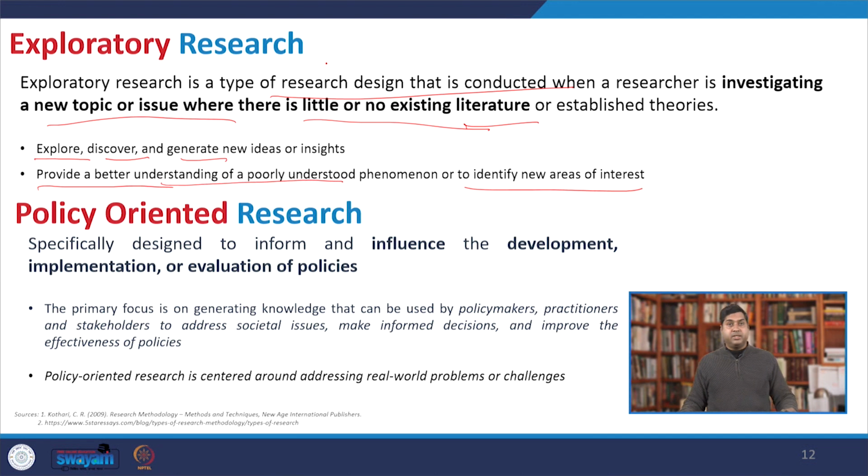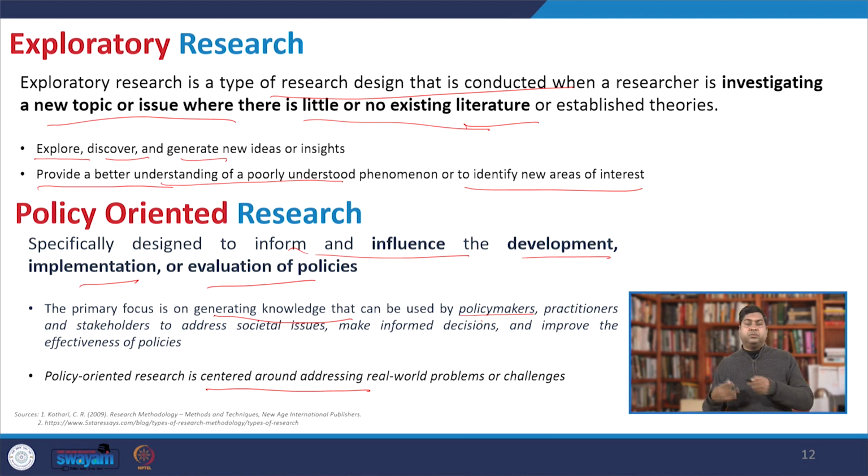Policy oriented research, which is nowadays very important, is specifically designed to inform and influence the development and implementation of different policies, with the primary focus on generating knowledge that can be used by policymakers, practitioners, etc. Policy oriented research is centered around addressing real world problems.